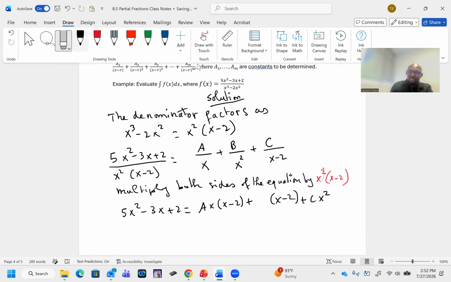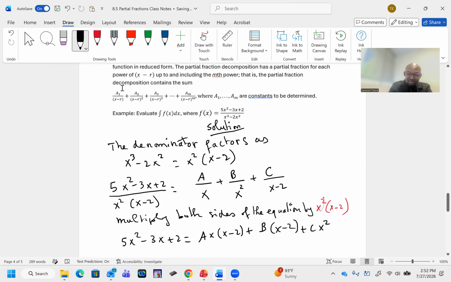I'm going too fast. Always slow down, okay? I found my mistake because I know that should not be true. So it is a divided by x, just follow the rule. You see the power is increasing up to what? M. Because this was x squared, my m is 2 in this case. So a divided by x plus b divided by x squared. That's why.